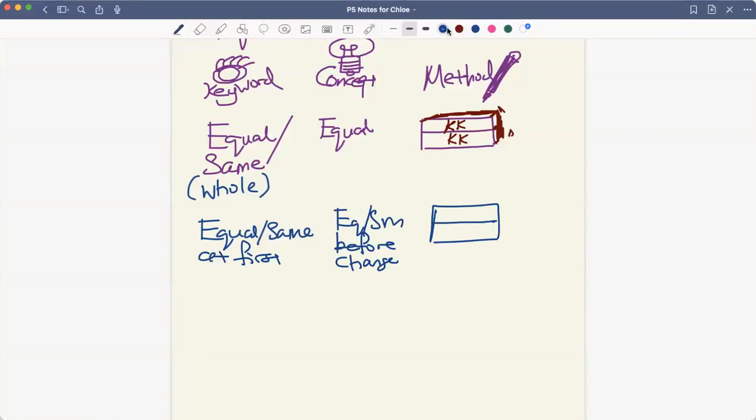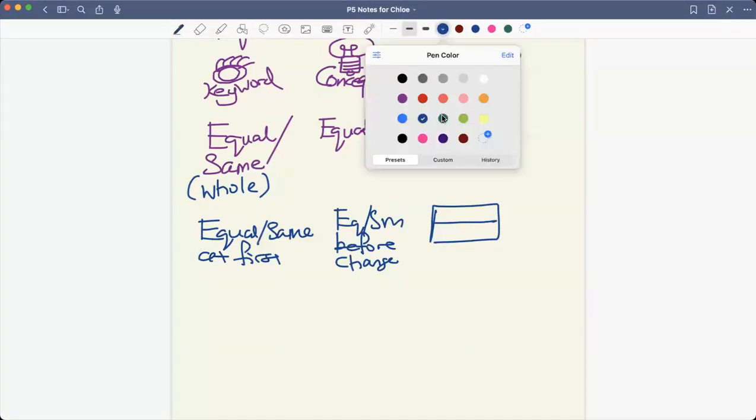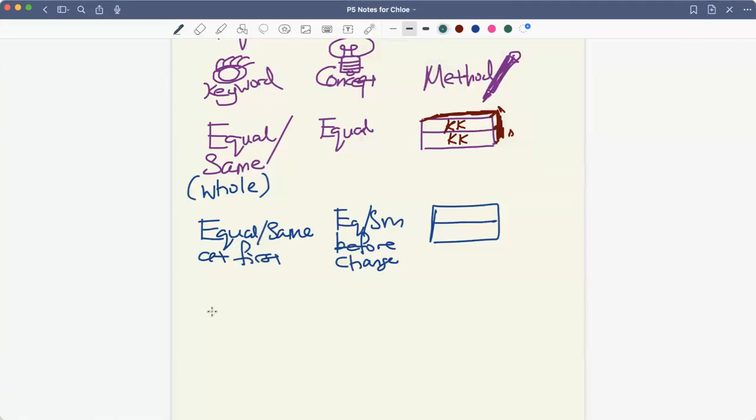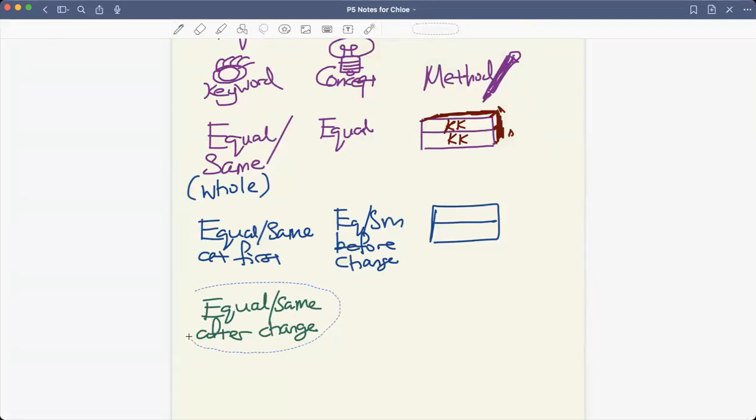Then if they say what they have after the change is the same, so equal, same after the change.